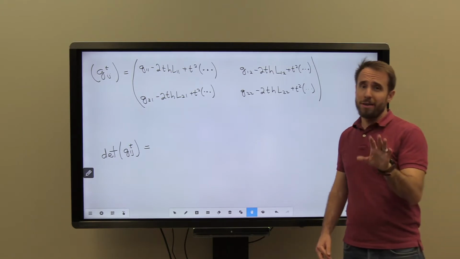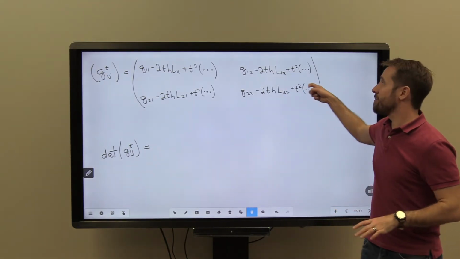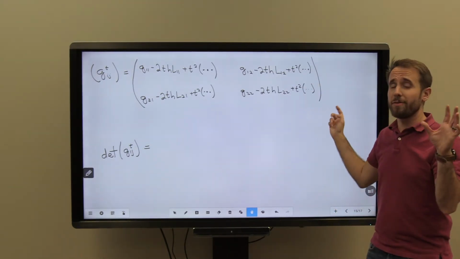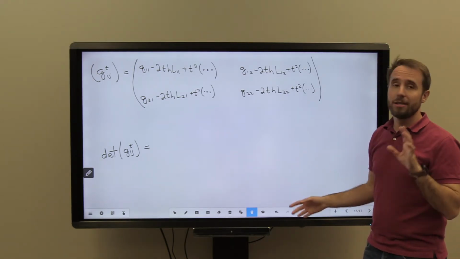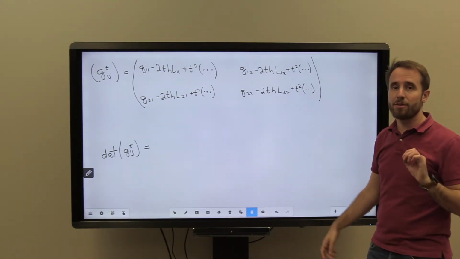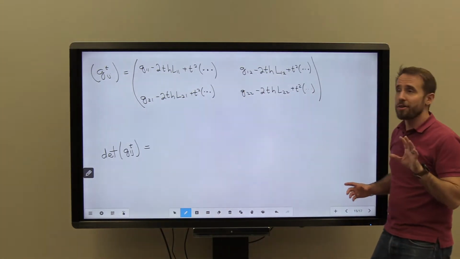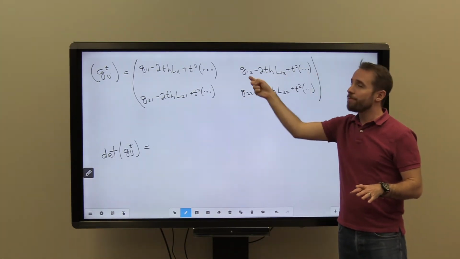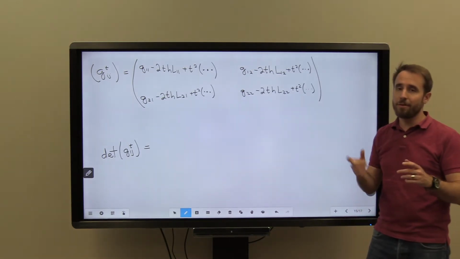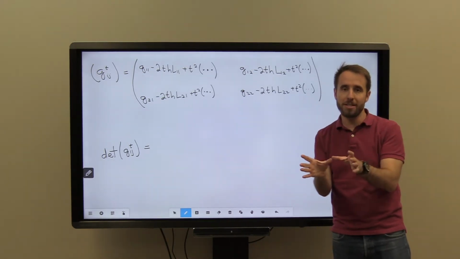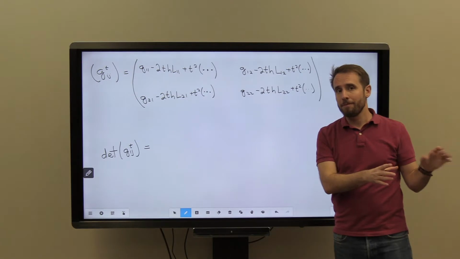So if I go to write my first fundamental form, I get something like this, and I'm going to more or less ignore the pieces with the t squareds on them. I calculated a similar expression for all 4 of my entries. I have things involving no t's, 1 t, or a t squared.